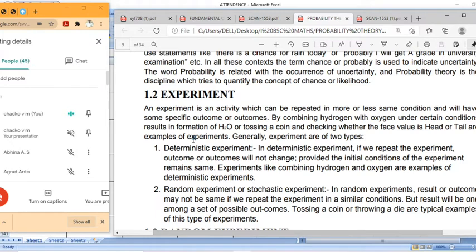If you do this experiment in your lab or in any other lab, the result will be the same. So that type of experiment is called a deterministic experiment. Okay.